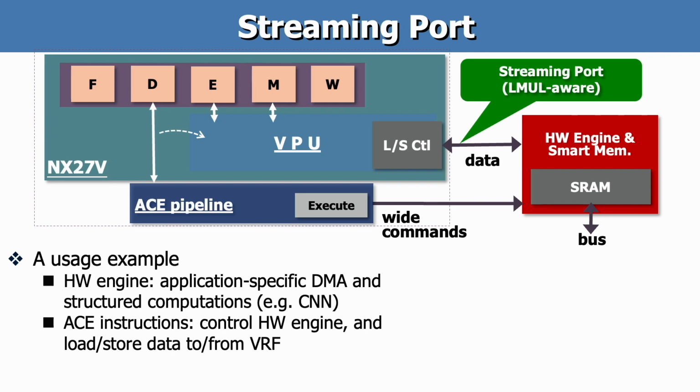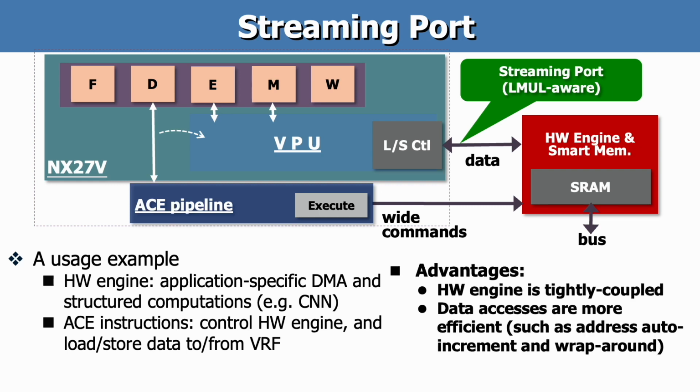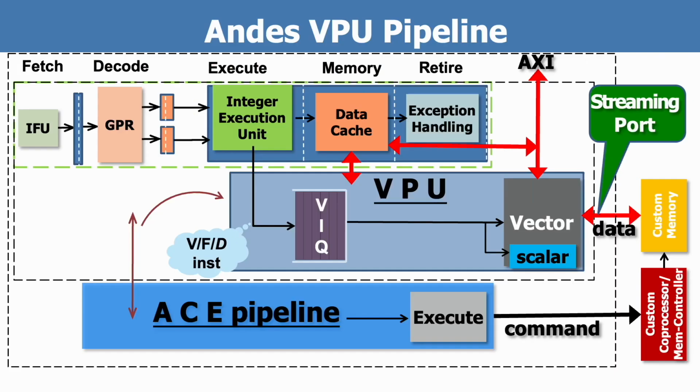We could use the streaming port to bring that data in for vector processor to process and then stream the data out. It's a dedicated port, doesn't steal the bandwidth from main system bus. This gives you high performance because hardware engine is now very tightly coupled, no data congestion.